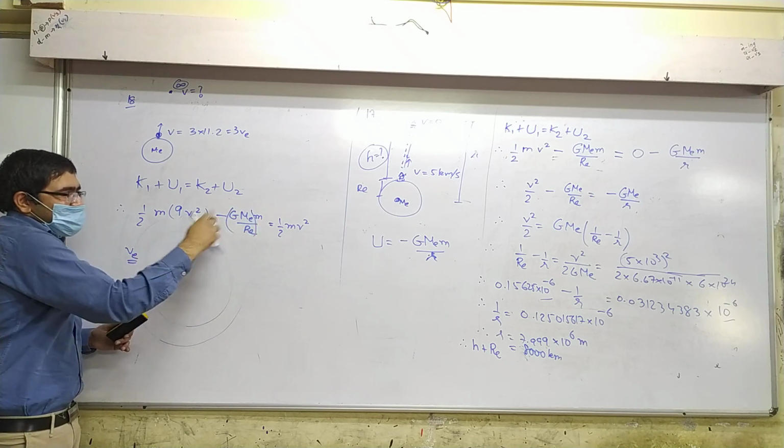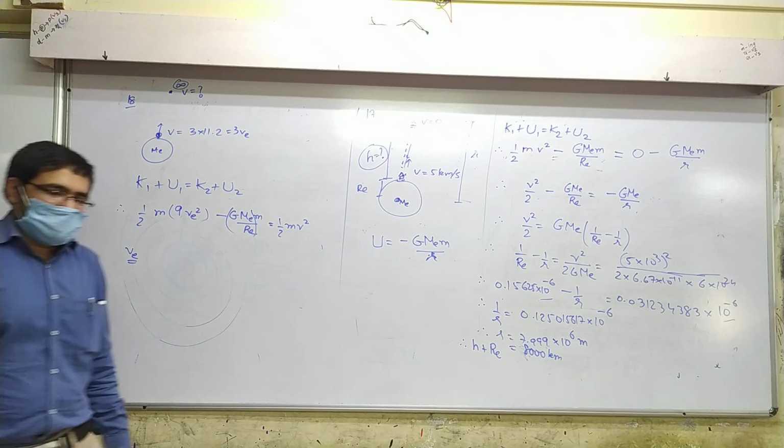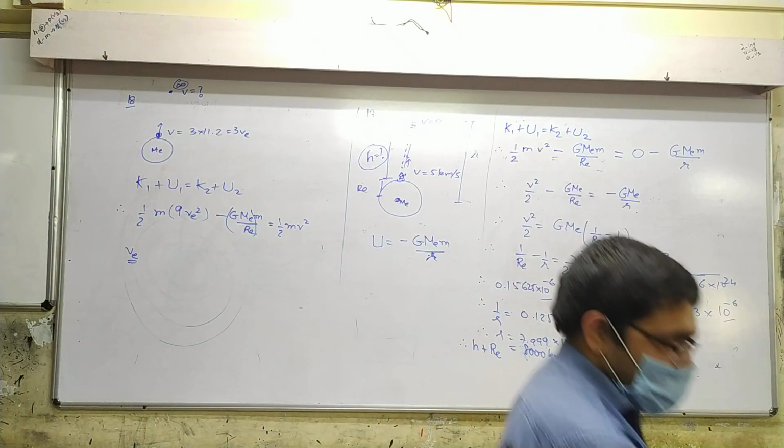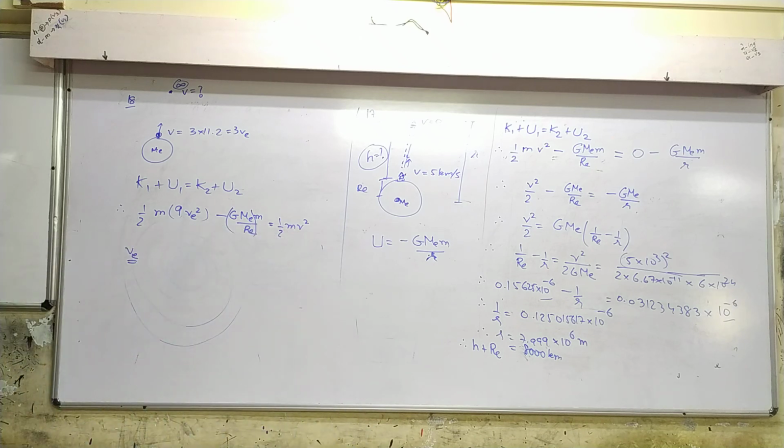If you can bring it into the form of VE, it is very easy. That's your hint. Do give it a try. All right? And then you can put the VE value, 11.2, and everything will be done quickly. Right? Prepare everyone.